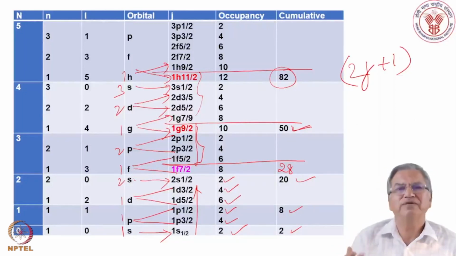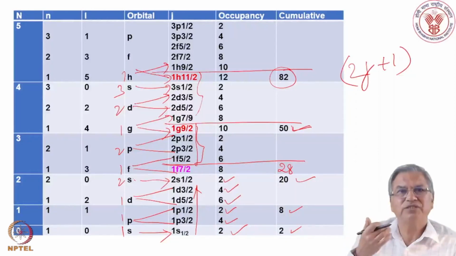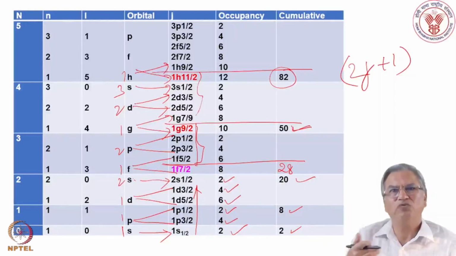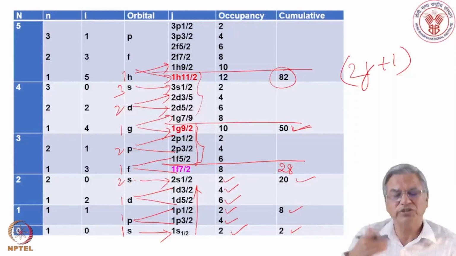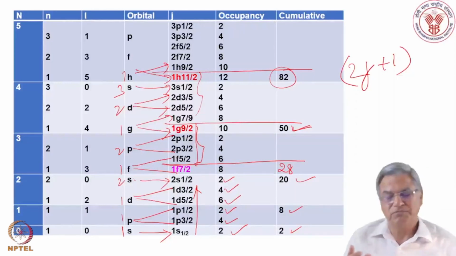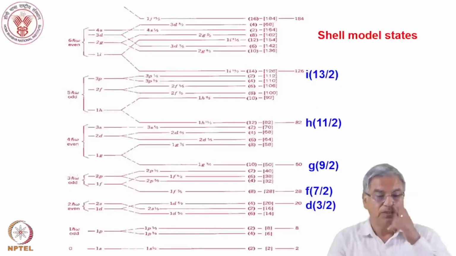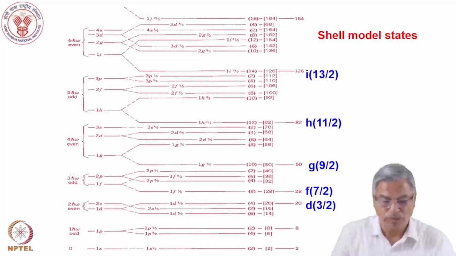So the major factor responsible for reproducing the magic numbers is the spin orbit coupling, wherein the L state splits into J equal to L plus half and L minus half, with the L plus half being lowered significantly for high L values, so that it is close to the lower shell, and so the magic numbers can be reproduced.